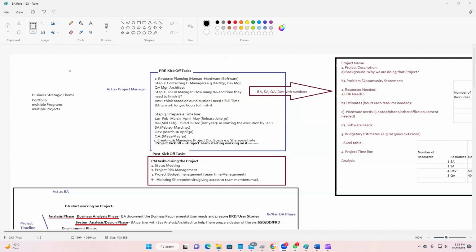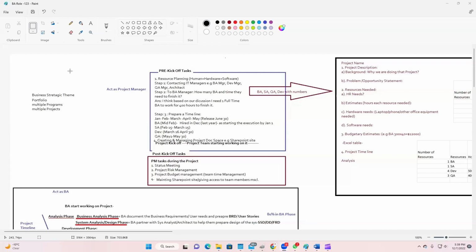For a project it has three phases: initiation, execution, and closing of the project. In the initiation phase we discussed how the business operation organization is set up, and they are continuously creating projects to fulfill their business needs.